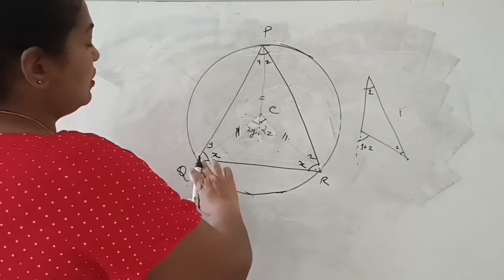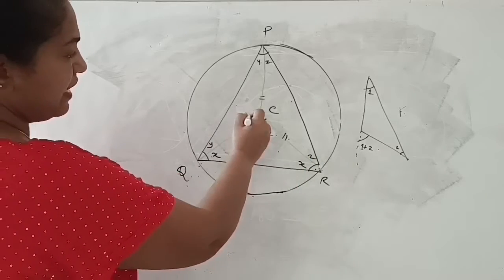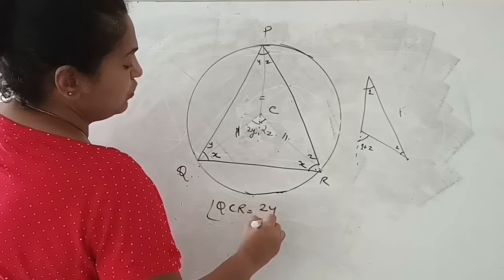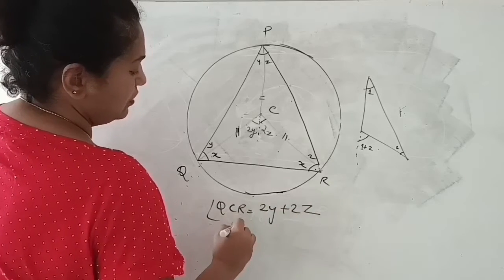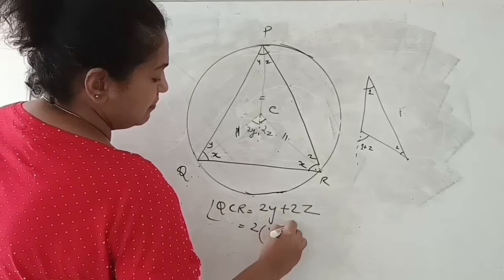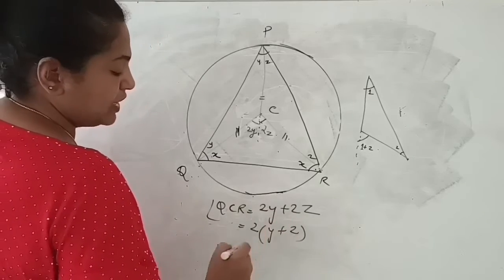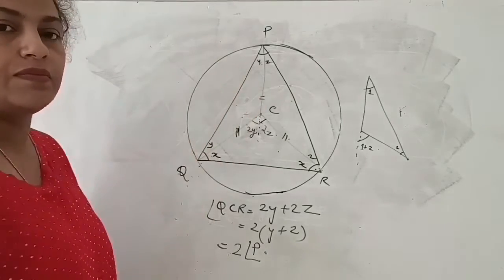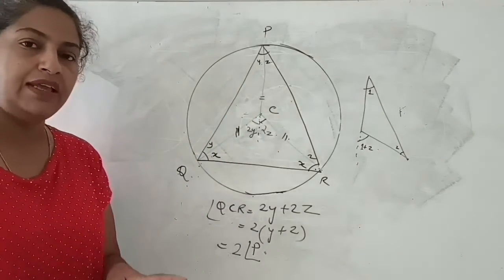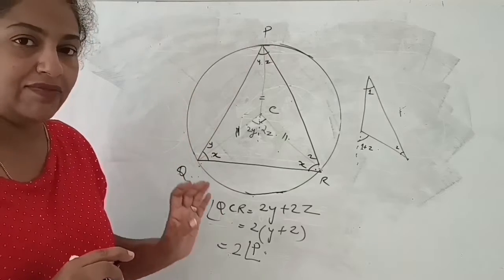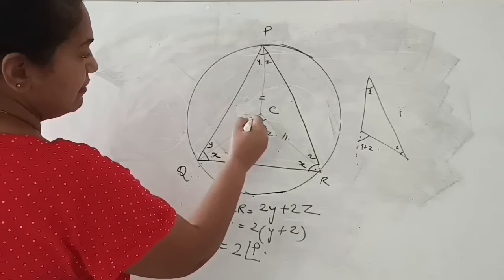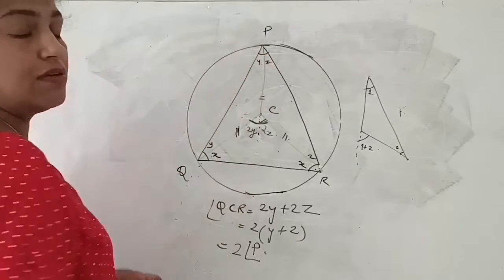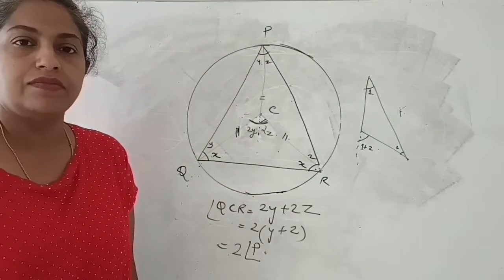So now what can I say about the angle QCR? This entire angle QCR is equal to 2y plus 2z, or 2 into y plus z. Or I can also write it as 2 into angle P. This value. So in a circumcircle, when you have a triangle which is inscribed, I can say that this particular angle is equal to twice that of the vertex.